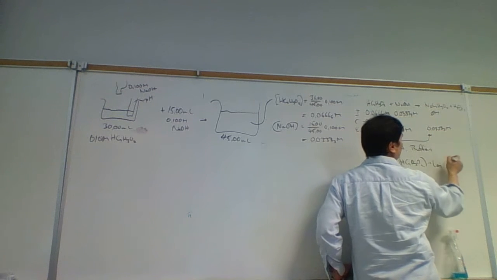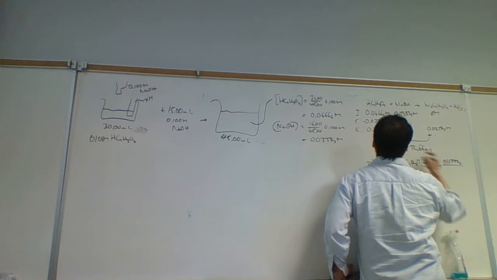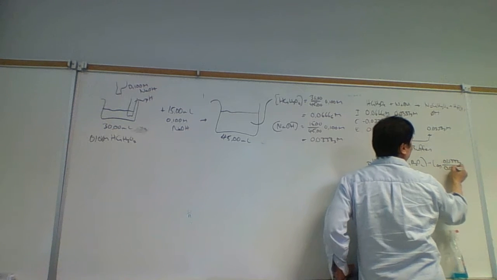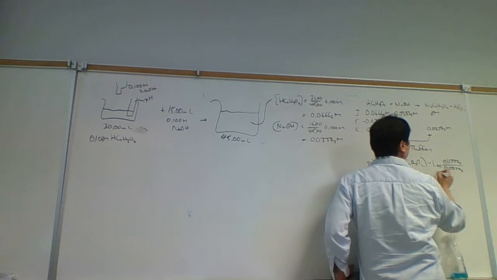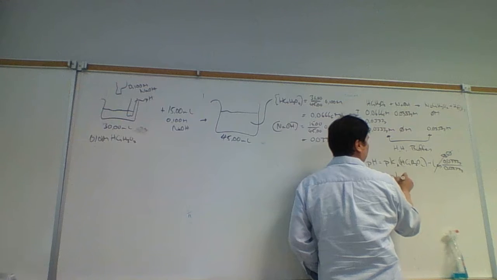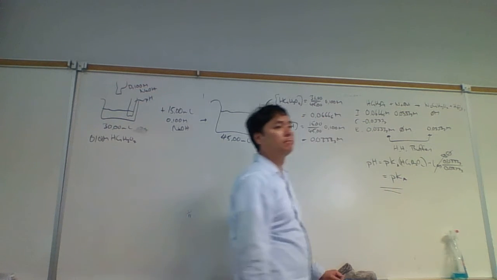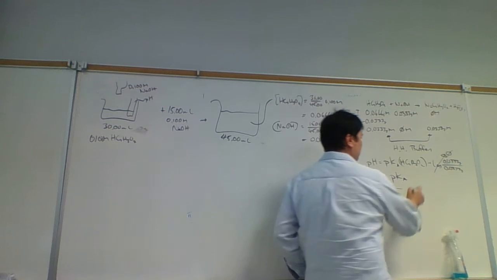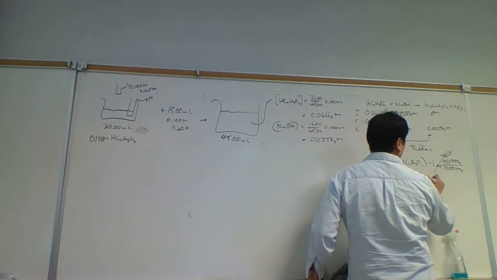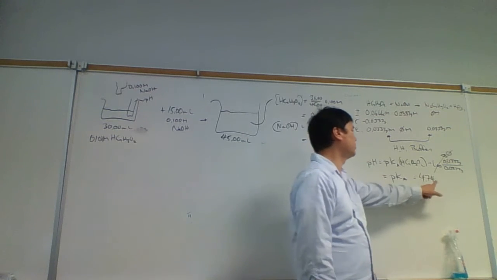The base is the acetate, and the acid is acetic acid. And so log of 1 is 0, so the pH is just equal to the pKa. The pKa of acetic acid is 4.742. Just 4.7. We'll just go with 4.74.